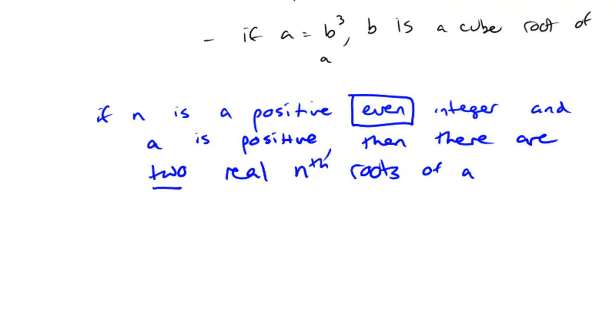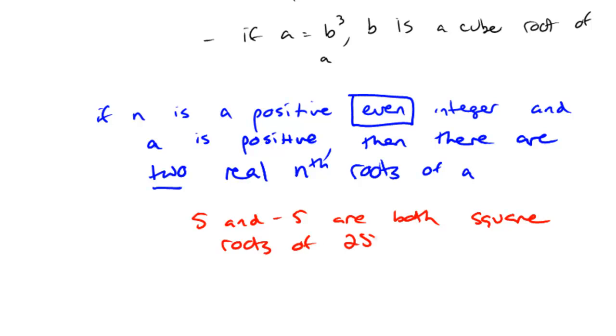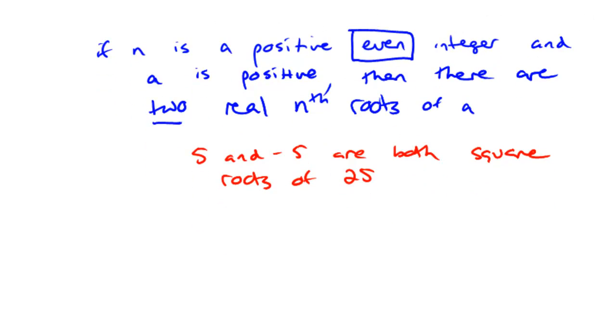So looking at our example above, 5 and negative 5 are both square roots of 25. And you can have higher powers as well. 2 and negative 2 are 4th roots of positive 16.